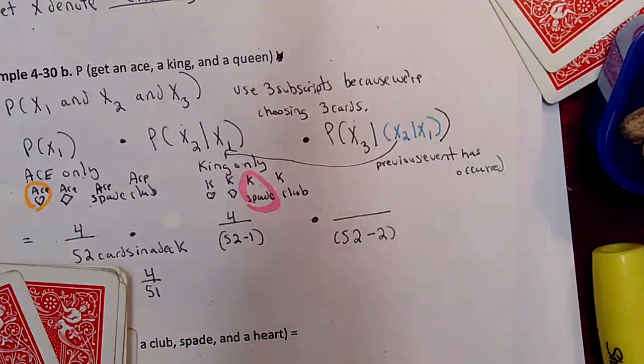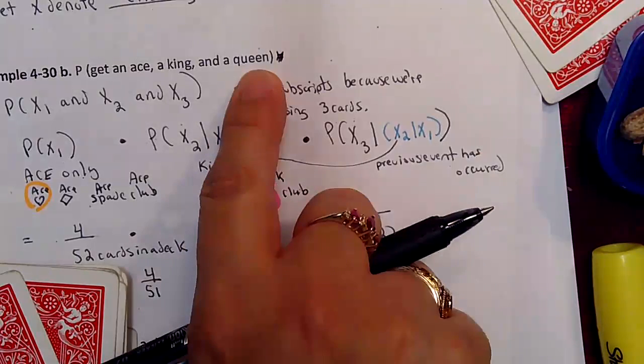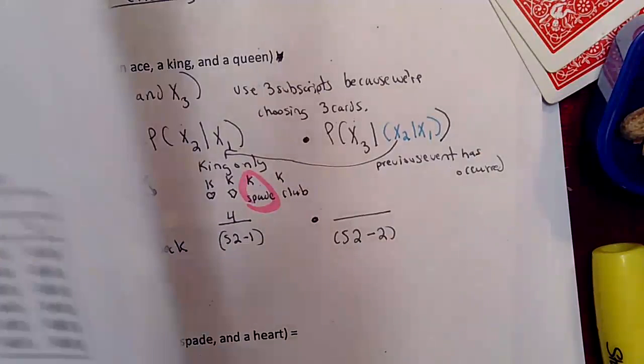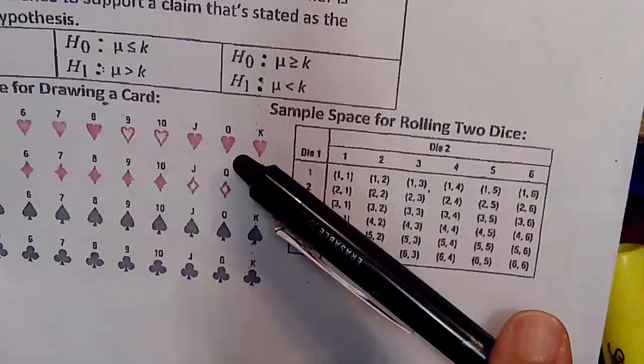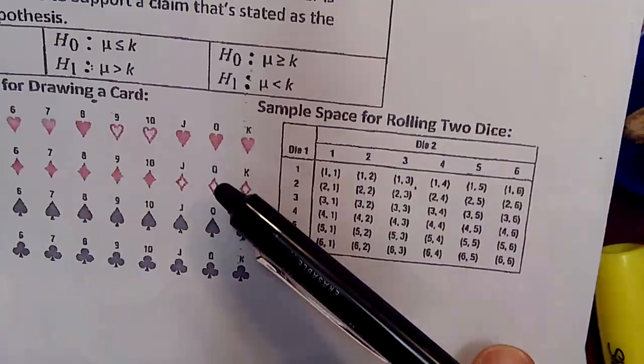And when you're choosing the third card, they said it has to be a queen. So when you look at your queens, heart, diamond, spade, club.